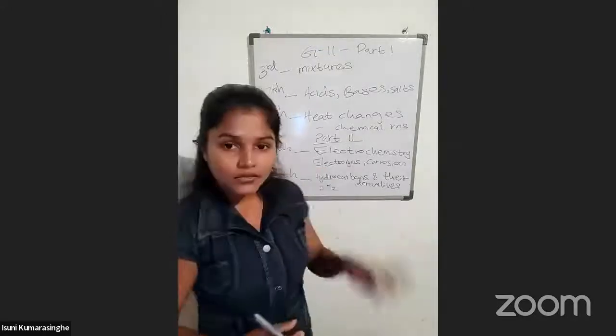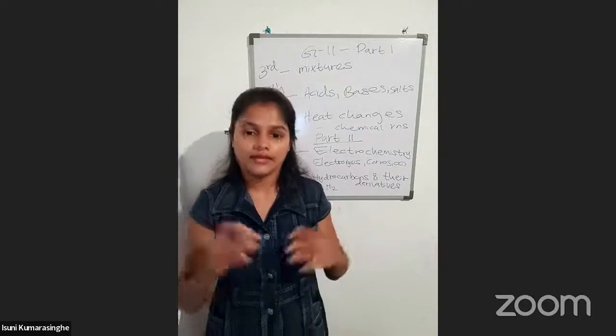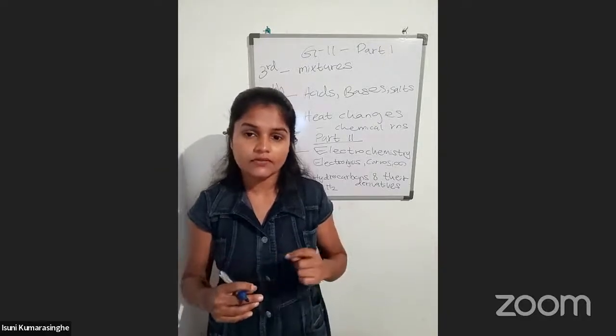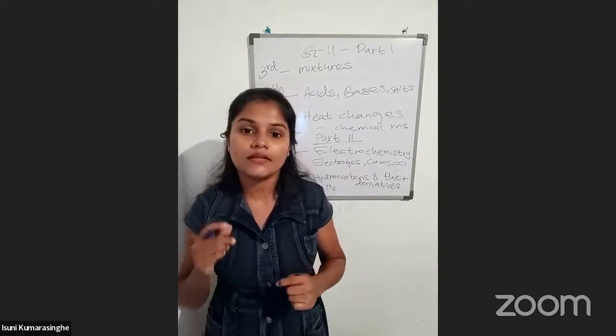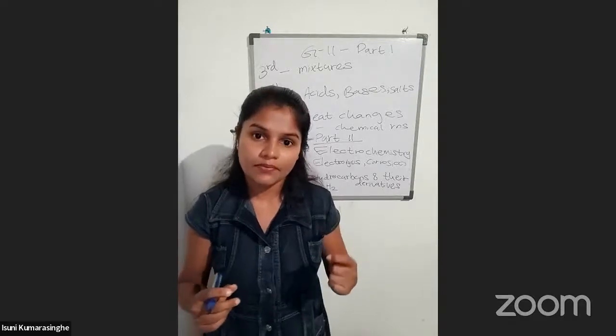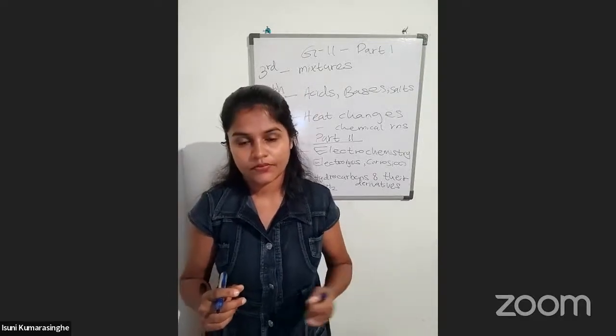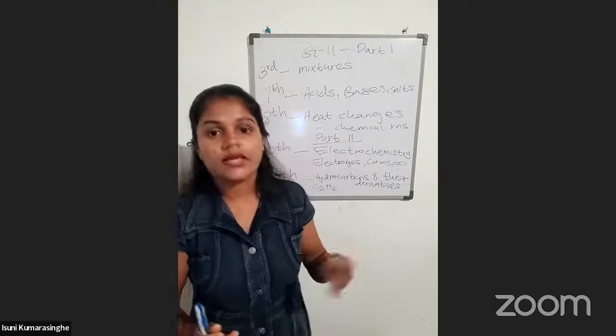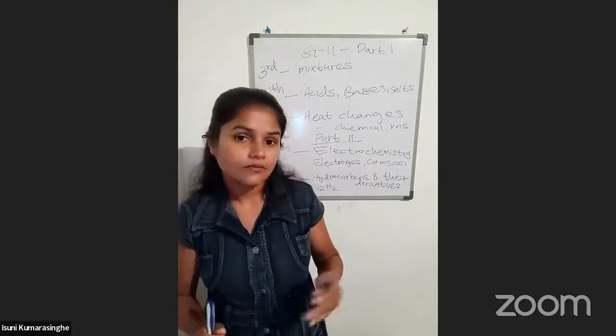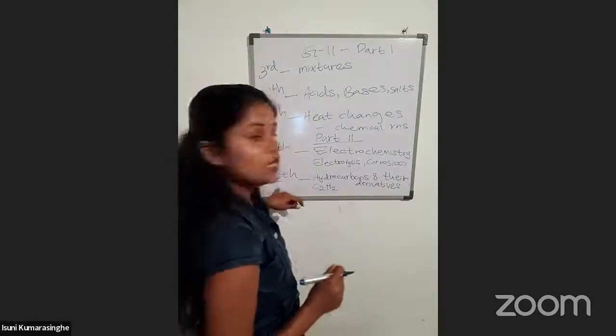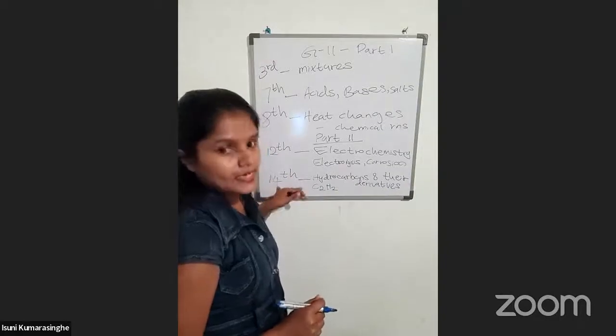So what are those hydrocarbons and what are their derivatives? Derivatives means that by doing some chemical changes, we can prepare them. So derivatives and polymers, I'm going to cover under the 14th lesson.